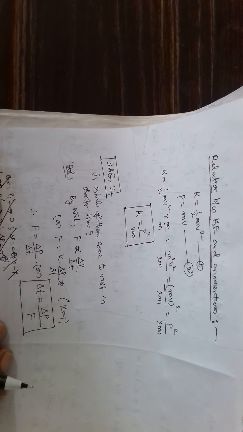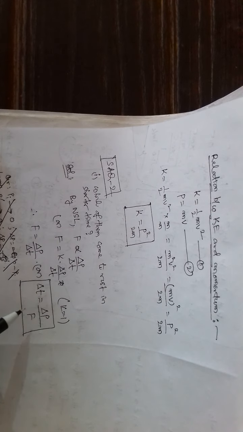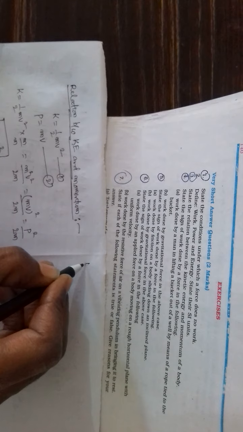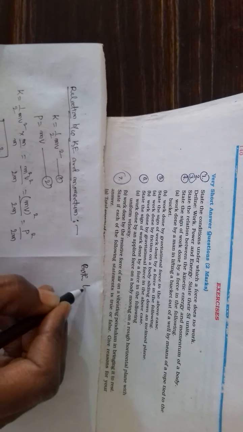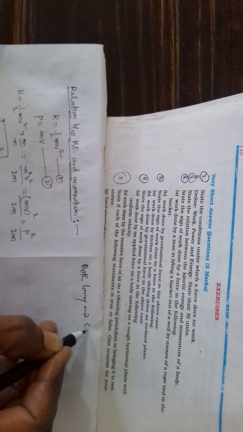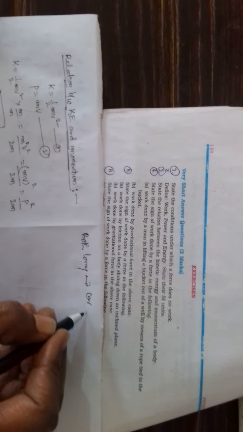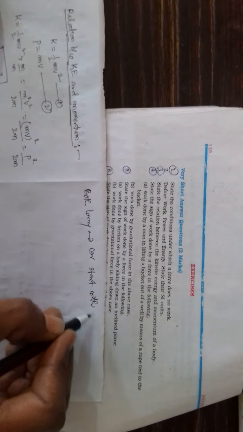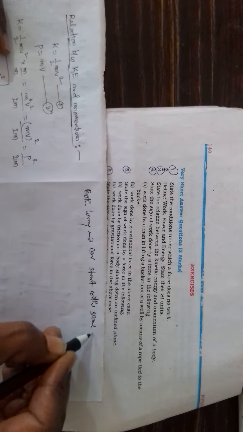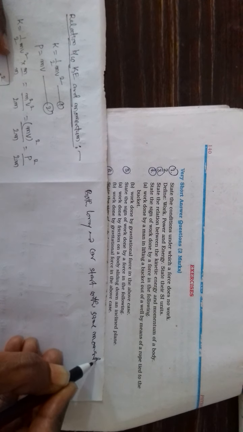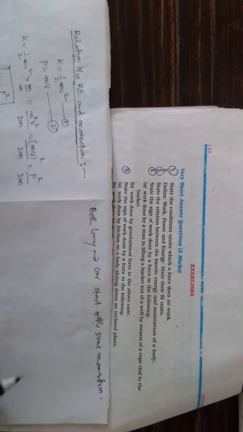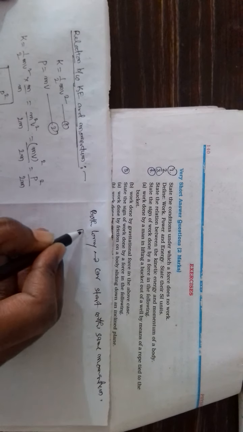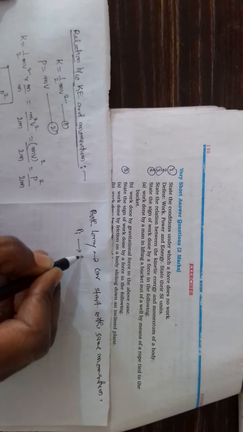We need not write all this in this much detail. Very easy here. In the problem, both the lorry and the car start with the same momentum, that is Pi same.